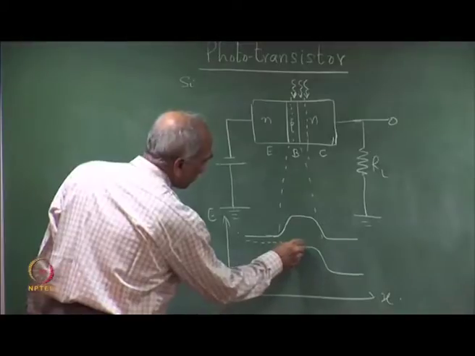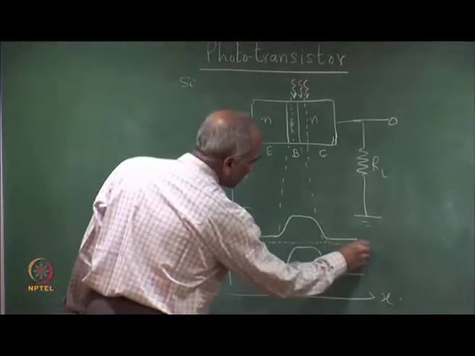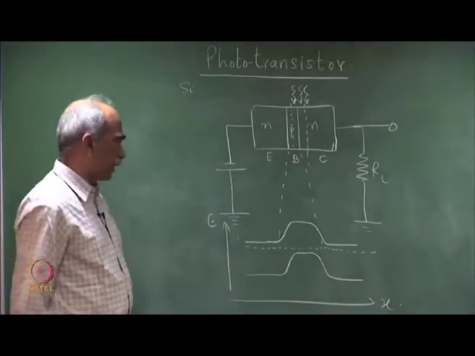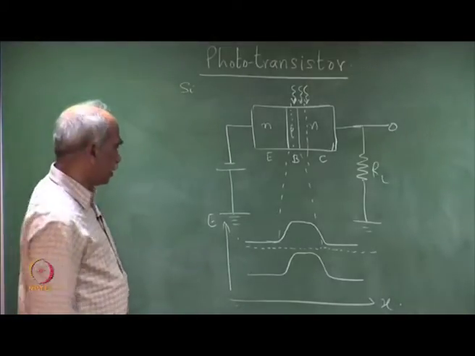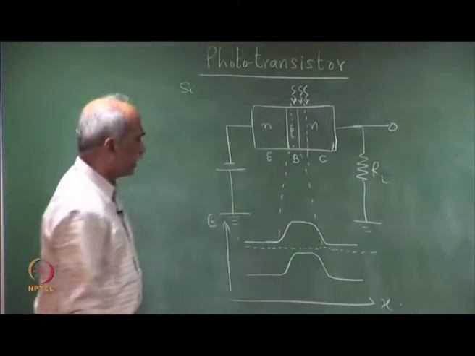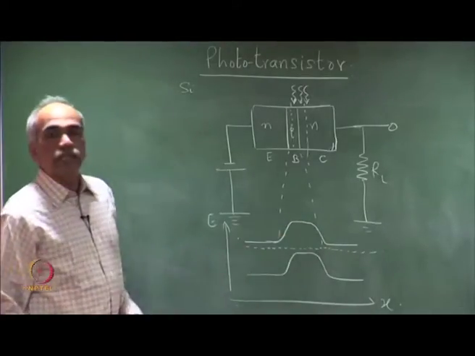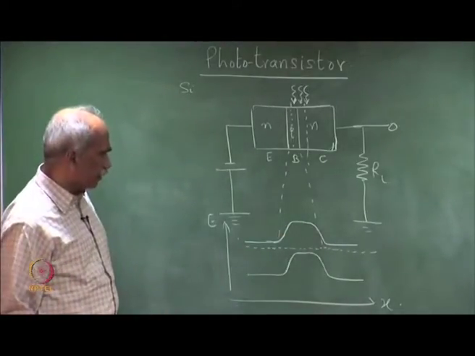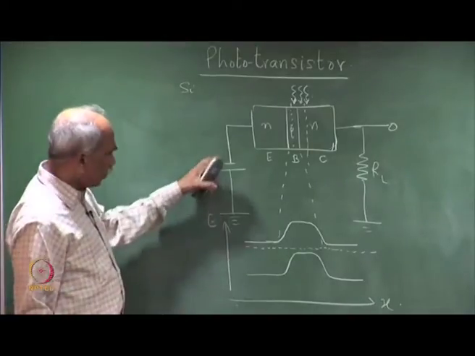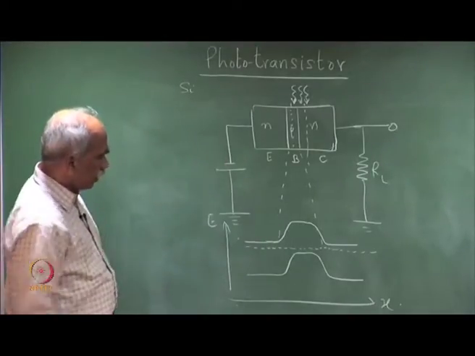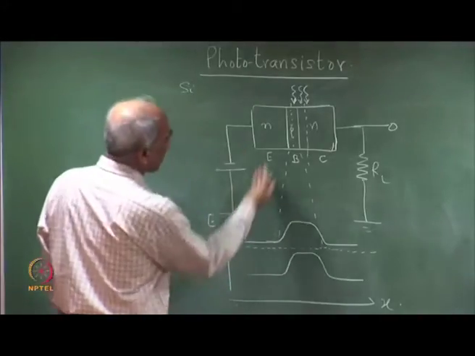So, before you applied any bias, the Fermi level is constant all around, and there is a steady state. The net carrier flux travelling in this direction is equal to the carrier flux travelling in the opposite direction. So, there is no net current, but when you bias here, so this is forward biasing this end.